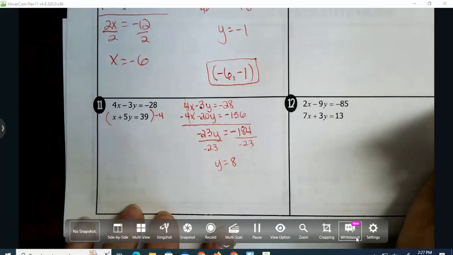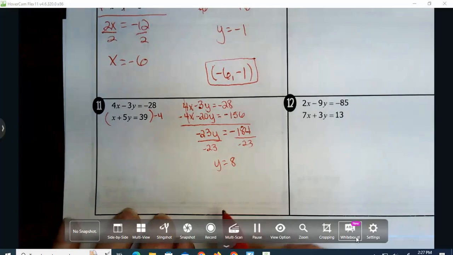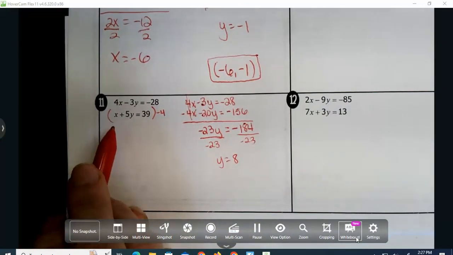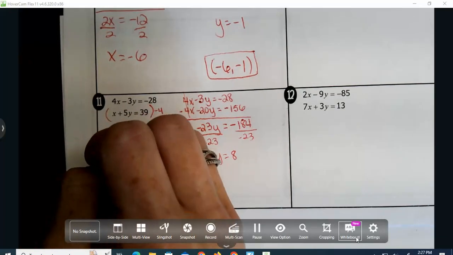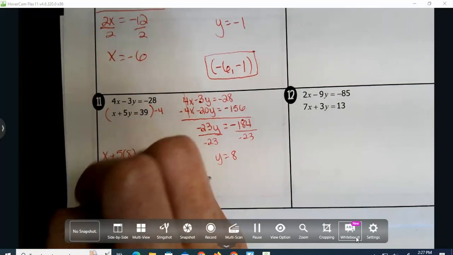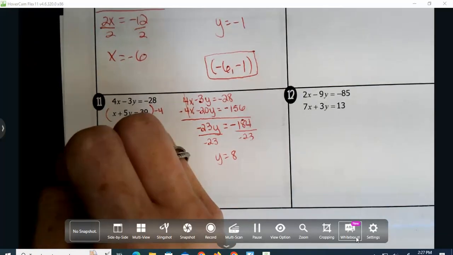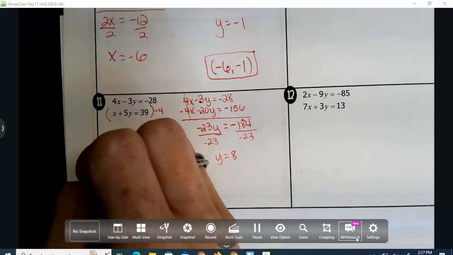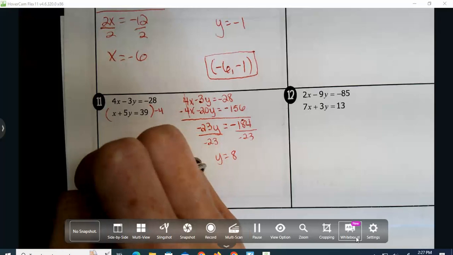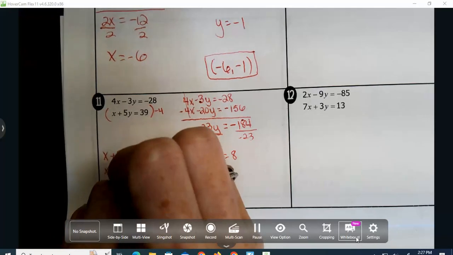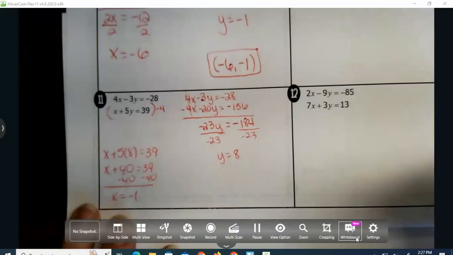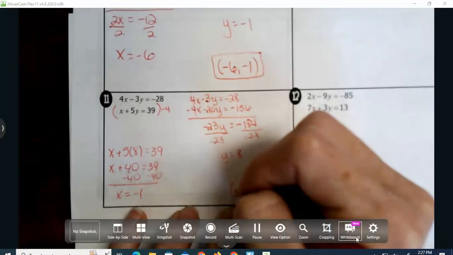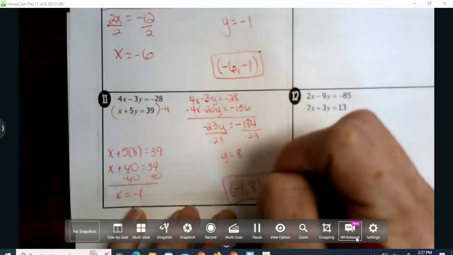Thank you. All right, so then I can plug that in. Let's go with the second equation. So x plus 5 times 8 equals 39. So x is negative 1. So our answer is negative 1, positive 8.